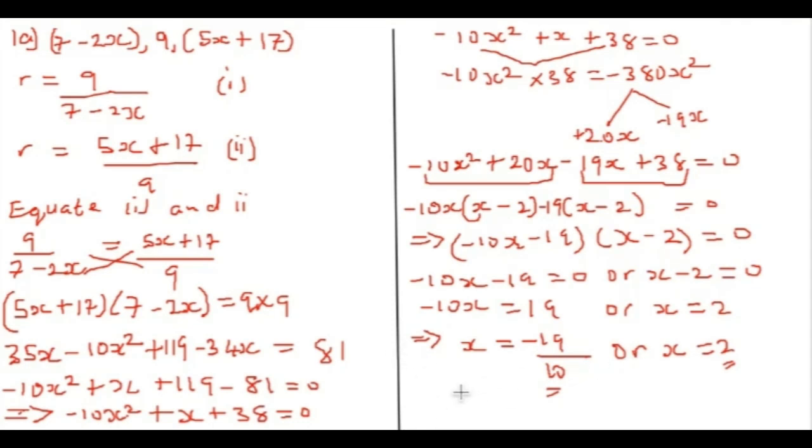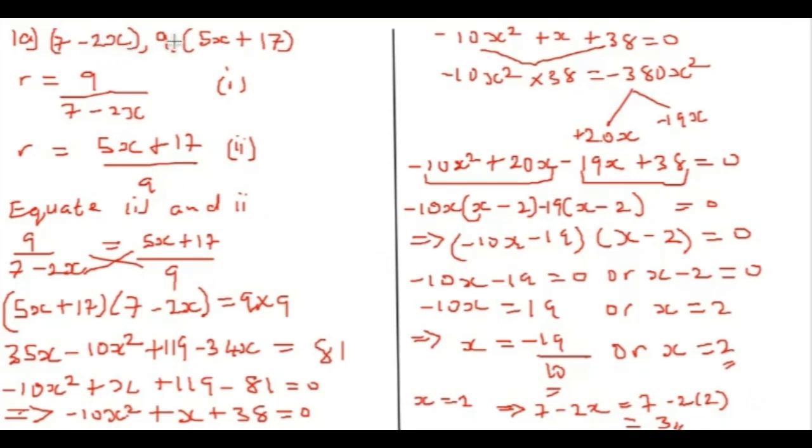Well, let's see. For x equals 2, the common ratio: 7 minus 2x will give us 7 minus 2 times 2, and that will be 7 minus 4, effectively giving us 3.